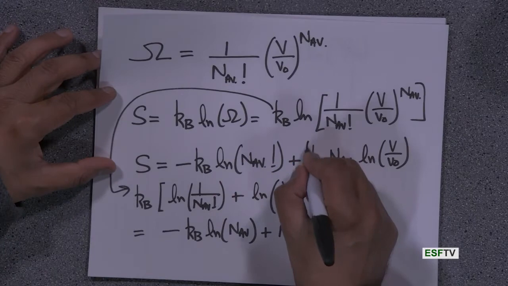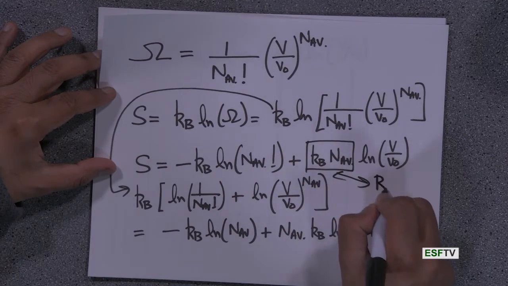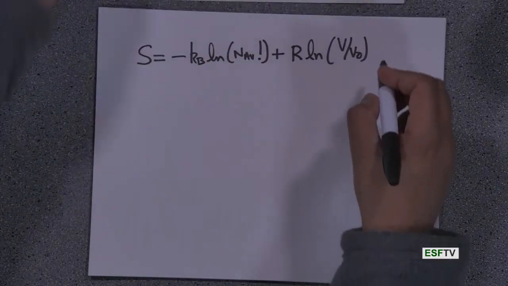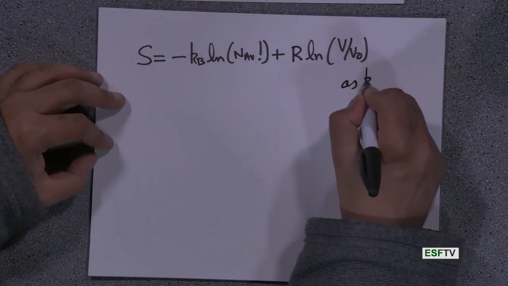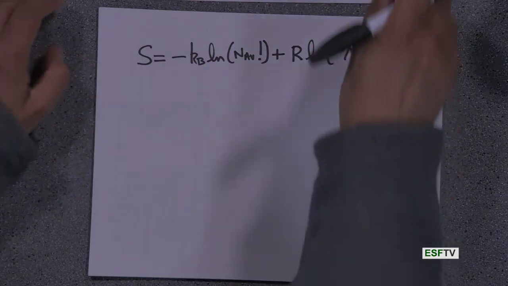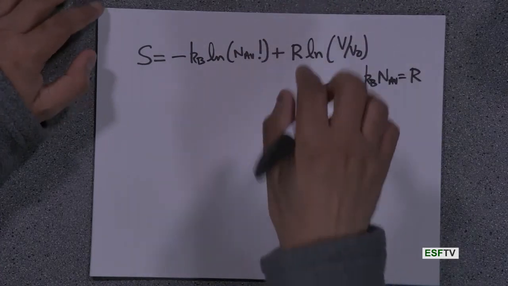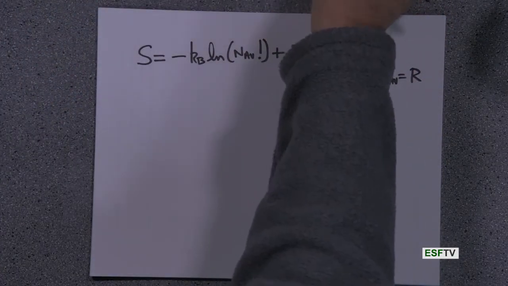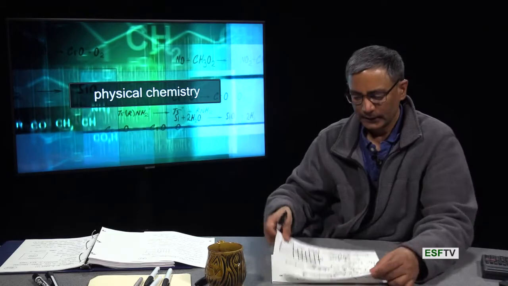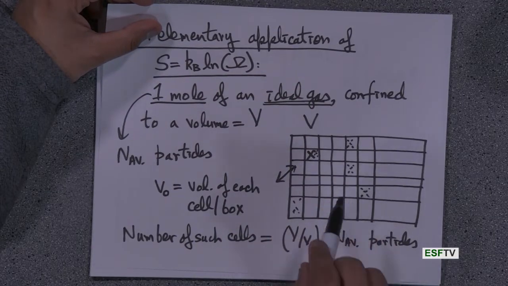Remember, kB multiplying Avogadro's number is simply the gas constant R, as kB multiplying N Avogadro equals the gas constant capital R. Okay. This is the entropy, or a measure of the disorder that is associated with the number of configurations or arrangements in which the molecules can be placed.